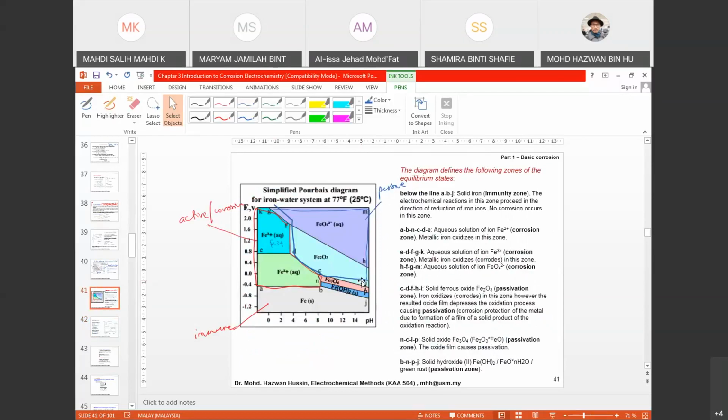You don't have to remember which region actually becomes Fe3+, Fe2+, or whatsoever. So just for you to know that, okay, when I do the measurement of iron, then I will get this value. So I can actually indicate which region it is, whether it's active, immune, or even passive.